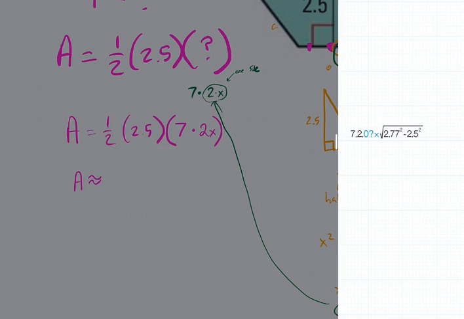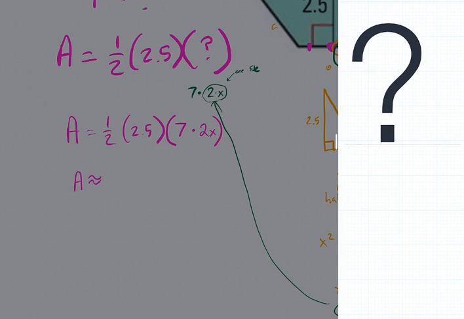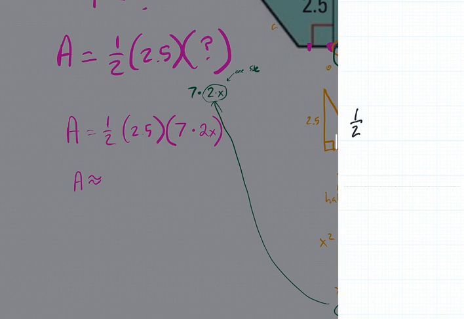Oh, sorry, that's not what I wanted. I wanted 7. Sorry, get rid of that. Let's just get out of there. So we've got 1/2 times, oh, it's the decimal, that's right.